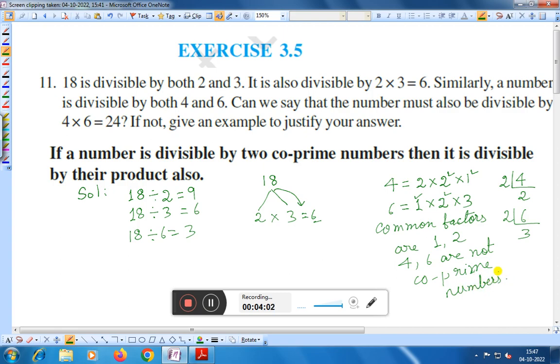And if 4 and 6 are not co-prime numbers, then a number cannot necessarily be divisible by their product, that is 4 into 6 is 24.